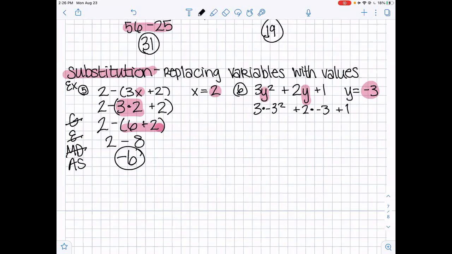Okay, so first, are there any grouping symbols? No. How about exponents? Yes, right here we've got (-3) squared. What's -3 times -3? +9. Okay, replace that.